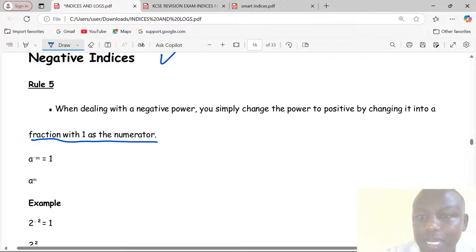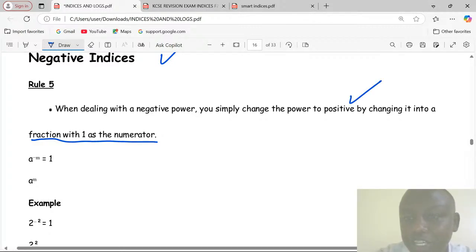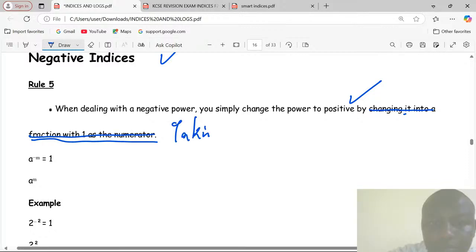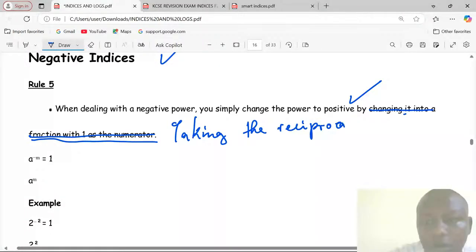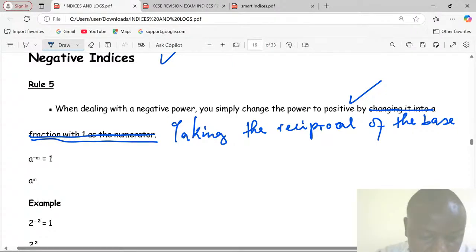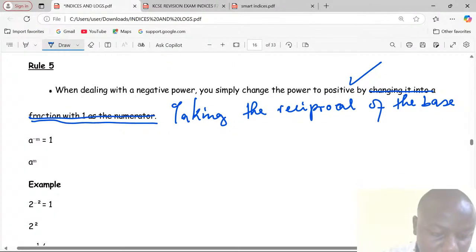And so we can simply say that the power becomes positive by taking the reciprocal of the base.